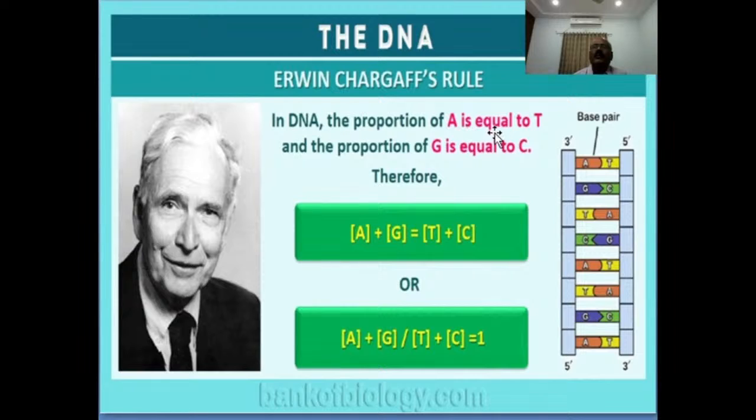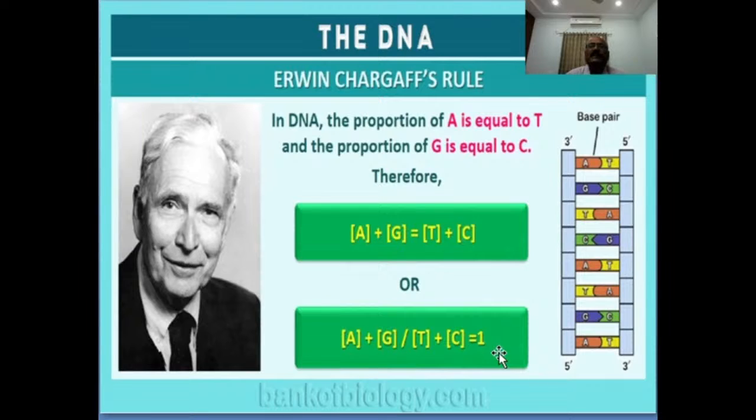So, the number of adenines is equal to the number of thymines, and the number of guanines is equal to the number of cytosines. So, adenine plus guanine is equal to thymine plus cytosine, or (adenine plus guanine) by (thymine plus cytosine) is 1. That means the number of purines is equal to the number of pyrimidines.